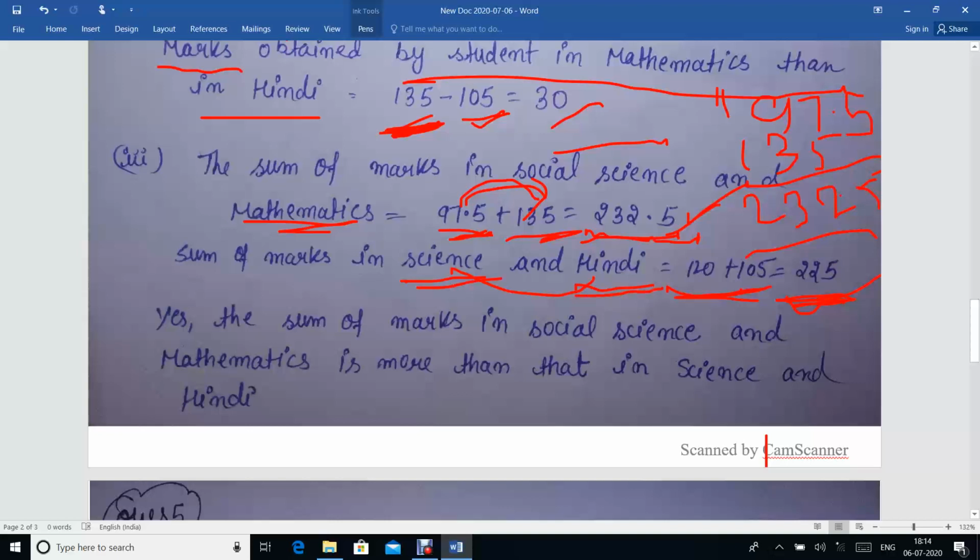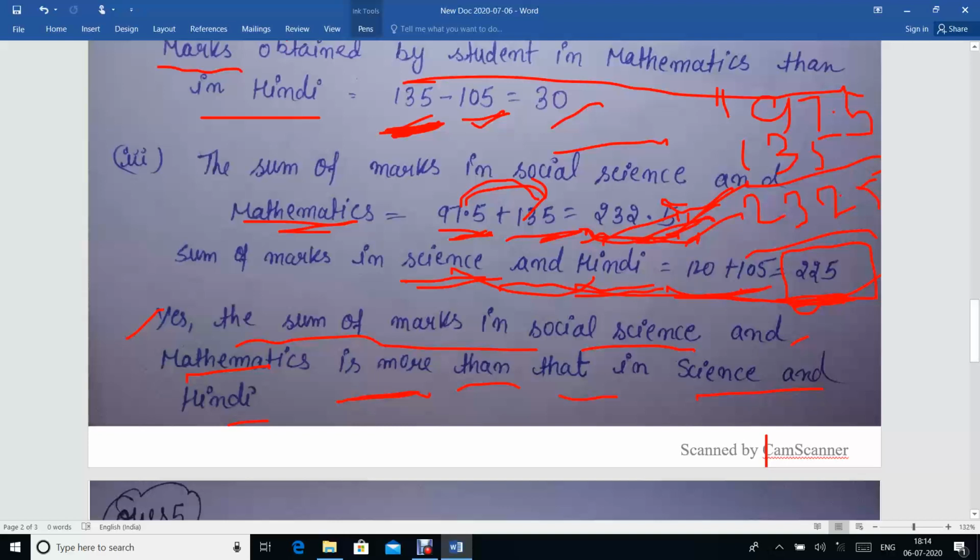So the answer is yes, the sum of marks in social science and mathematics is more than that in science and Hindi. Obviously he got more marks in social science and mathematics. This was question number 4 from your book exercise 5.2.